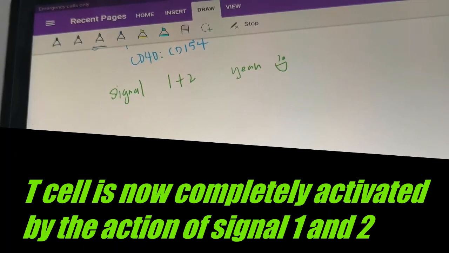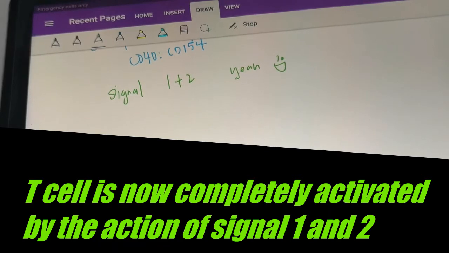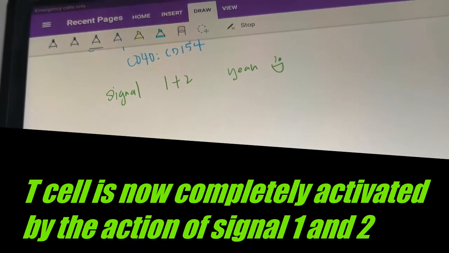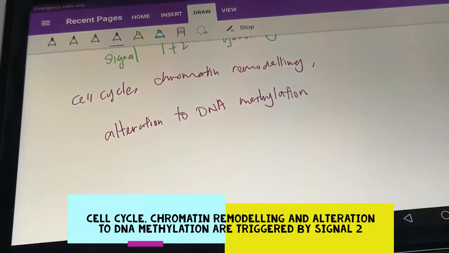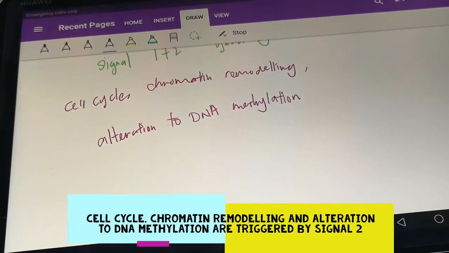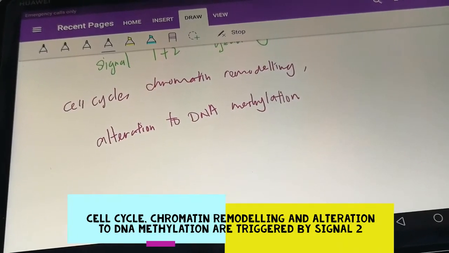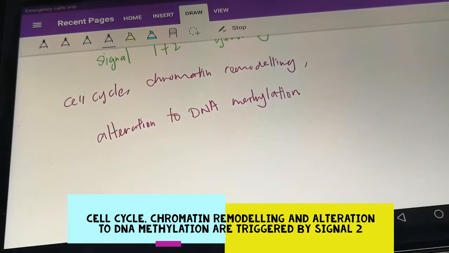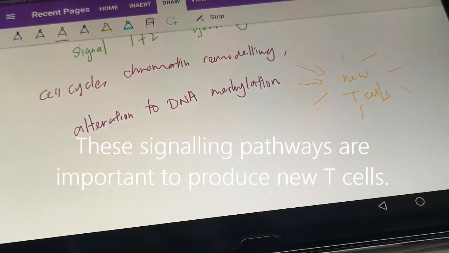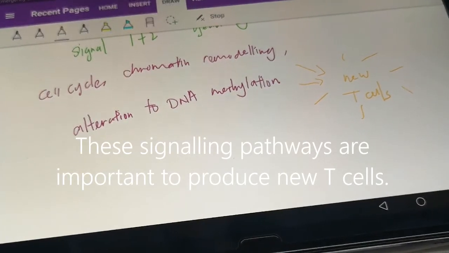The T-cell is now completely activated by the action of signal 1 and 2. Cell cycle, chromatin remodeling, and alteration to the DNA methylation are triggered by signal 2. These signaling pathways are important to produce new T-cells.